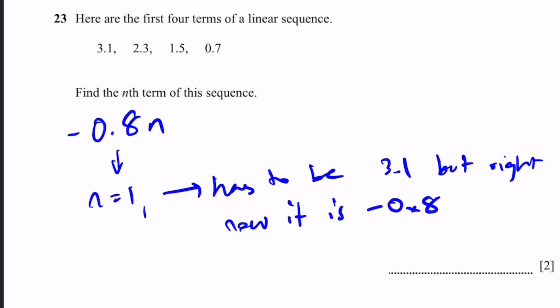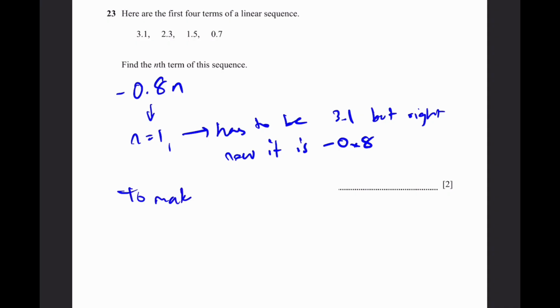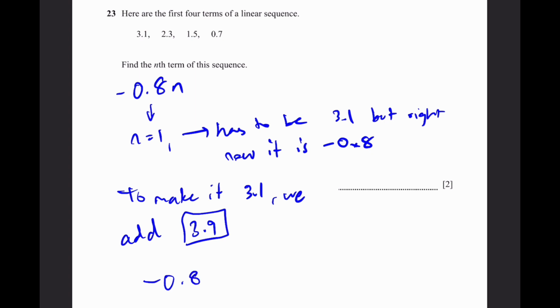And to make it 3.1, we add 3.9. Agreed? And that means we'll get the nth term as minus 0.8n plus 3.9.